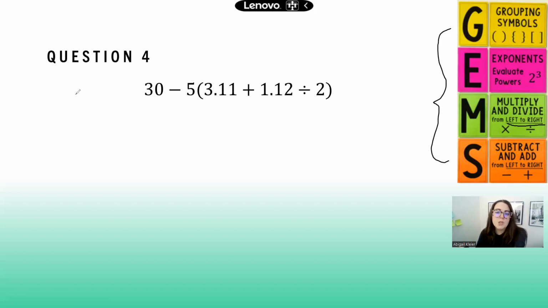So we can go ahead and solve this one with the information that we have with GEMS. So first, of course, we're going to look for any grouping symbols. We do have these parentheses here, which means we're going to focus our efforts inside the parentheses first. Inside the parentheses, we have 3.11 plus 1.12 divided by 2.